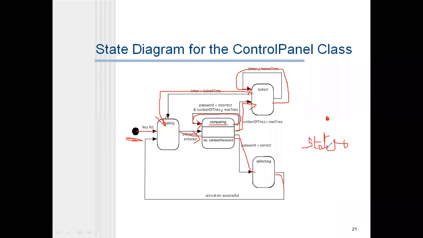And next, you may have one more symbol. So this is like this. This is the third symbol you have. Comparing. So this symbol is called composite.